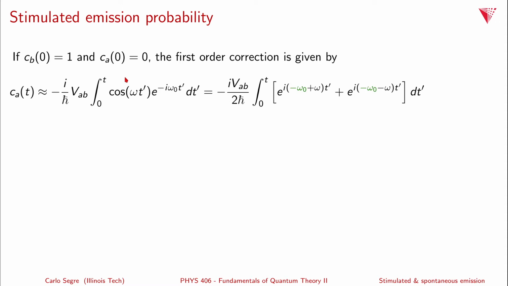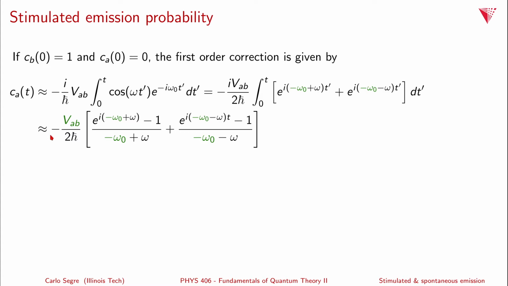If we expand the cosine of omega t prime and then combine the exponentials, we get minus i V_AB over 2 h bar, integral from 0 to t of the quantity e to the i (minus omega 0 plus omega) t prime, plus e to the i (minus omega 0 minus omega) t prime, all integrated over dt prime. Note that we now have minus omega 0, where before we had plus omega 0.